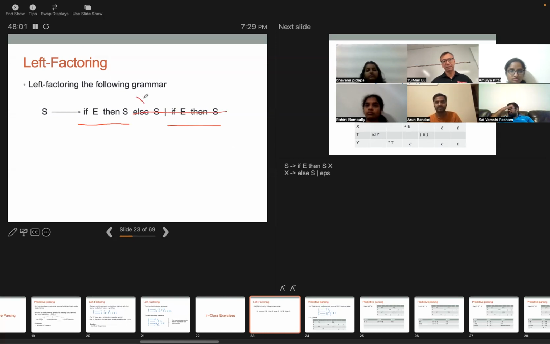Have this go to X. So X is either going to be else S or nothing, right? And with one look ahead, we know which route to go. All right.